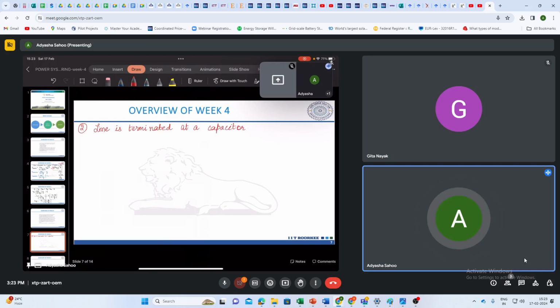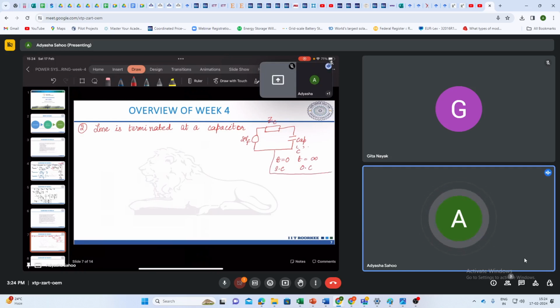So now our circuit becomes: this is your voltage source 2VF, this is your line with ZC, and now we have a capacitor C at its end. If you remember the behavior of a capacitor, initially it acts as a short circuit, and after the steady state is reached, when the capacitor is fully charged, it will act as an open circuit.